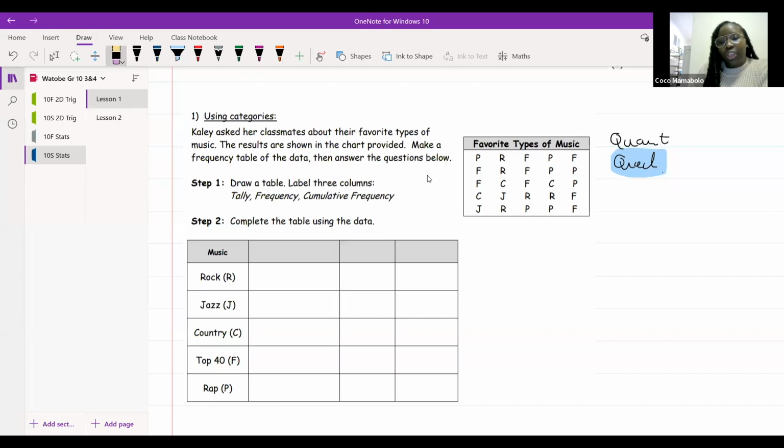Yes. It's already grouped into particular categories, and if you went up to somebody and said, what's your favorite type of music? They're not going to be like 4. That doesn't make any sense. If you ask who's your favorite rapper, they can't say 3 unless there's a rapper named 3.